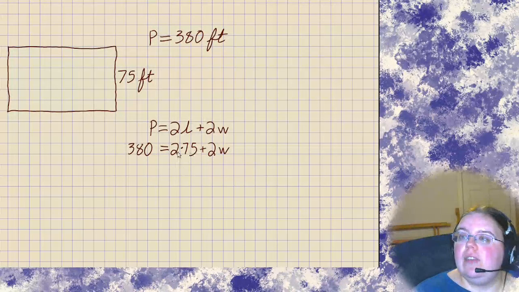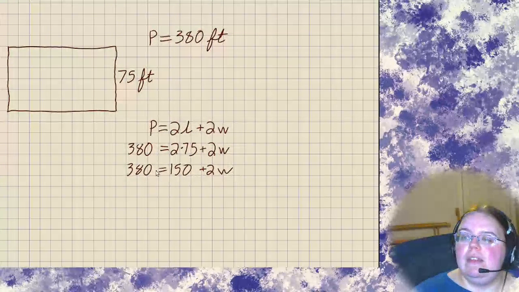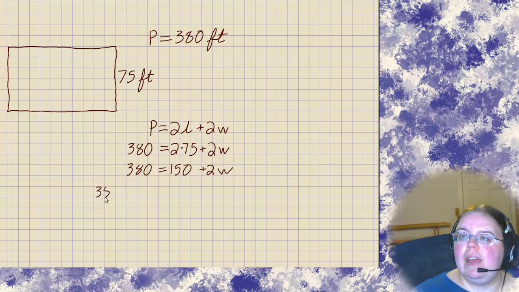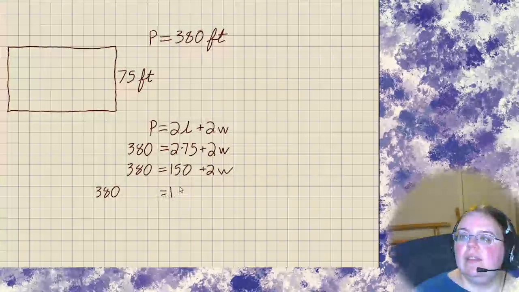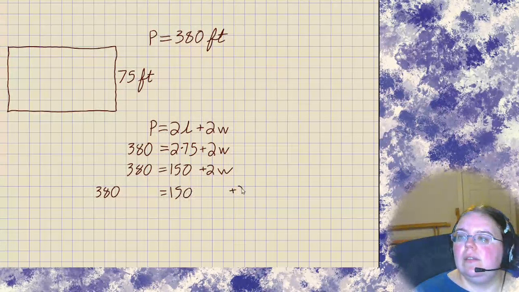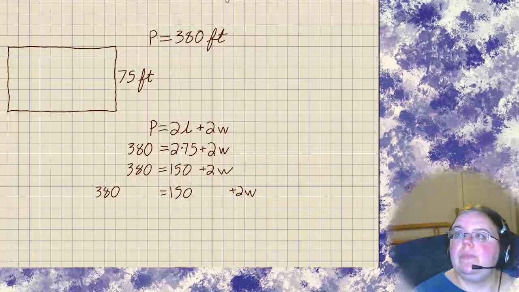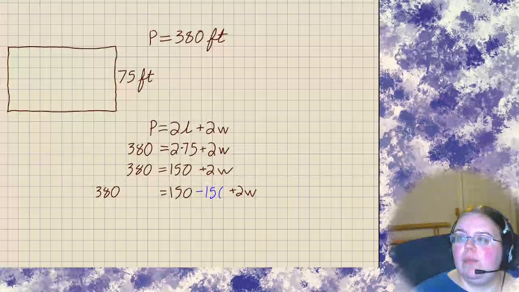So let's see, 2 times 75 would be 150. So then we need to subtract that 150 from both sides. This really is the easy part, where we're just working through the equation steps.